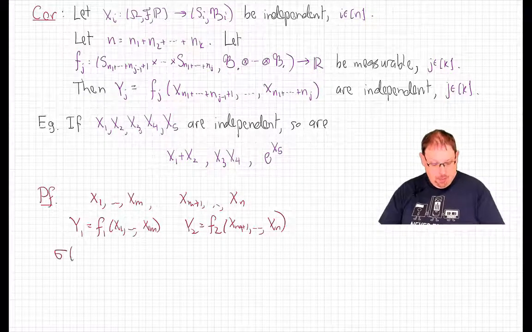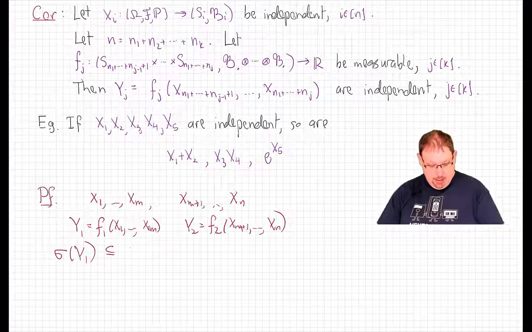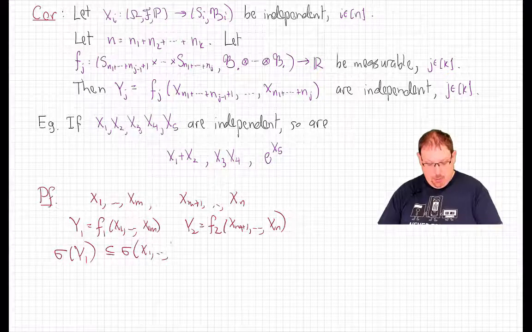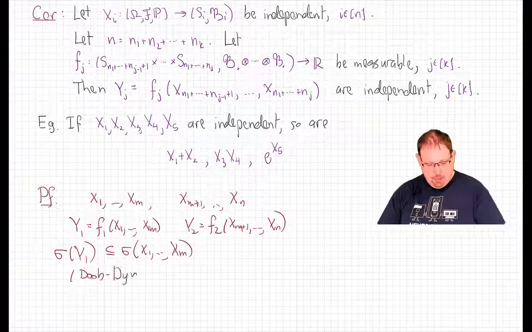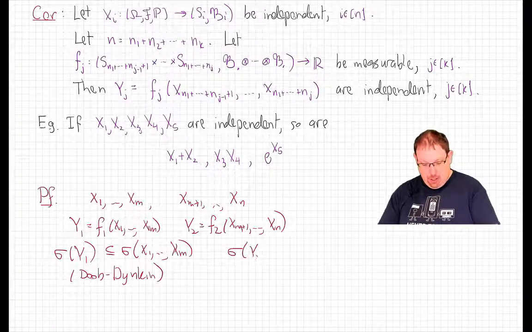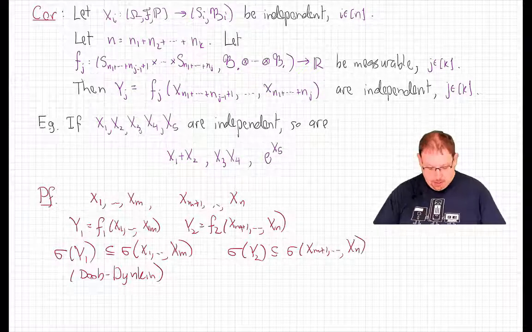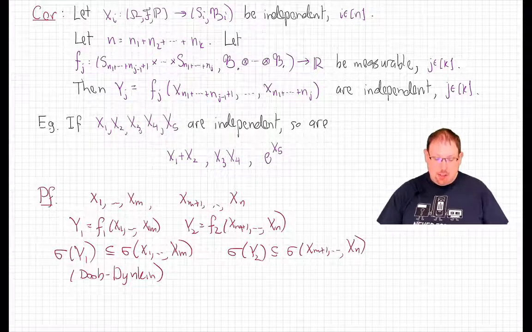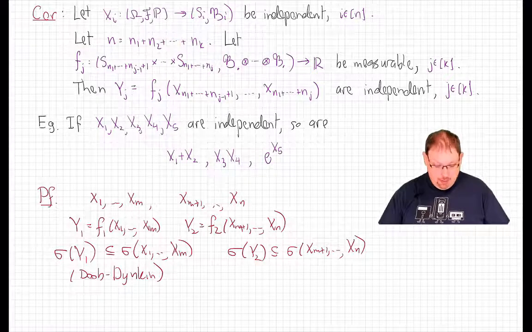Well, the sigma field generated by Y1 is then certainly contained in the sigma field generated by X1 through Xm. That is the easy direction of the Doob-Dynkin decomposition theorem. And similarly, the sigma field generated by Y2 is contained in the sigma field generated by Xm+1 up to Xn. To be clear, all of this is assuming that the functions involved are measurable functions in the appropriate sense. Measurable with respect to the range sigma field being the Borel sigma field.